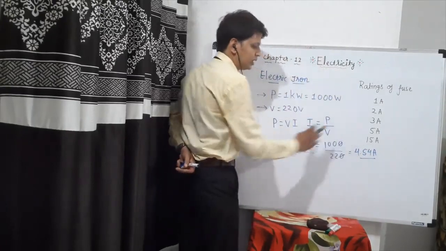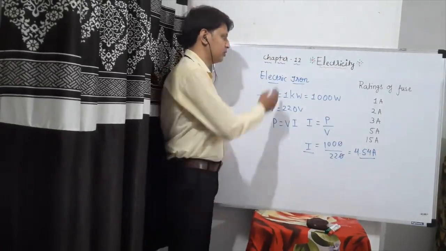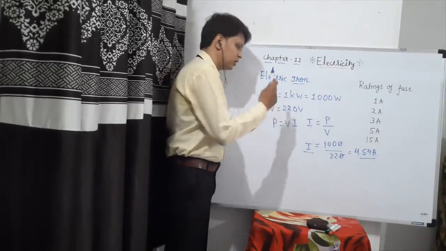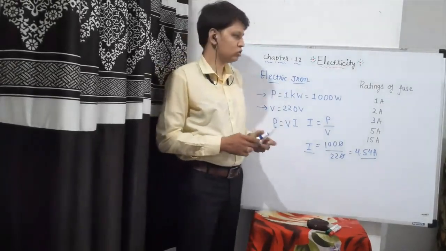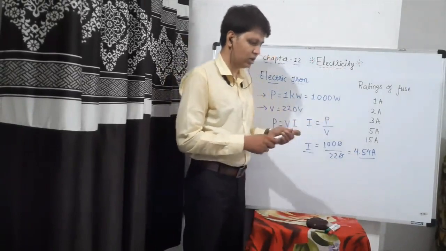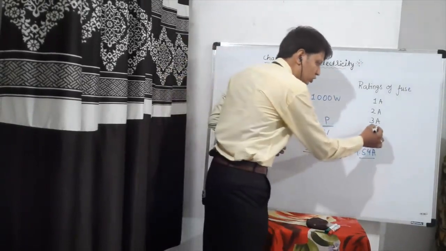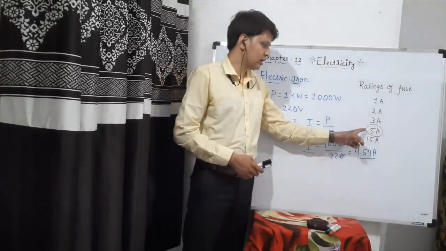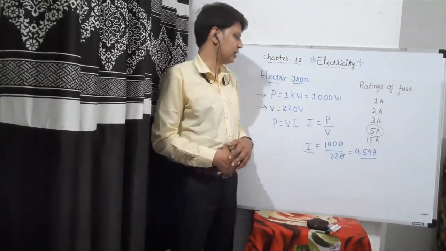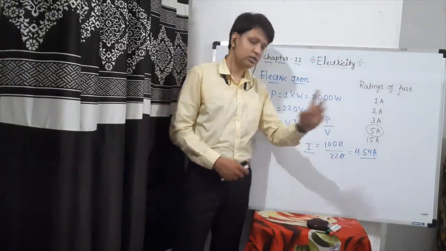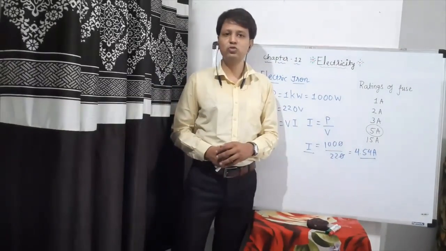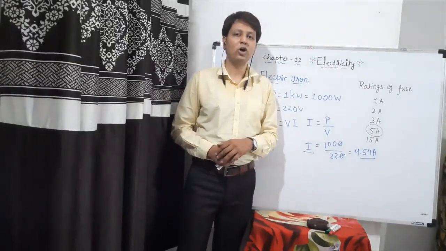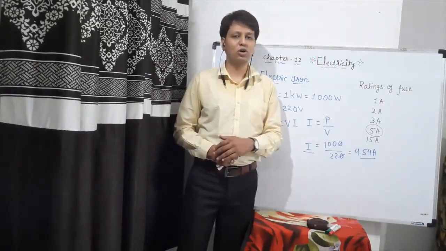So the current rating is 4.54 ampere for this power consumed and at this voltage. So from this rating we are going to use a 5 ampere fuse because less than that can damage. So this is the rating of fuse which we are going to use. So this is one of the applications of Joule's law of heating.